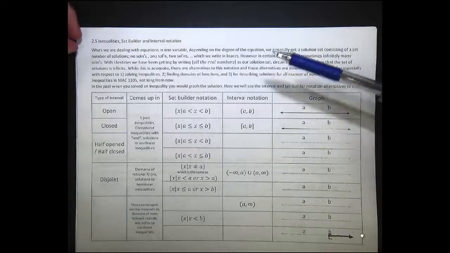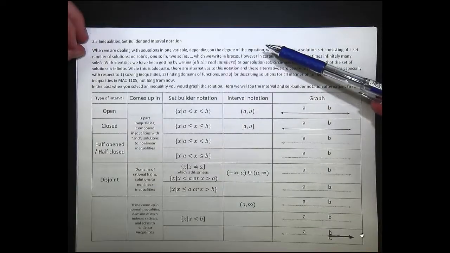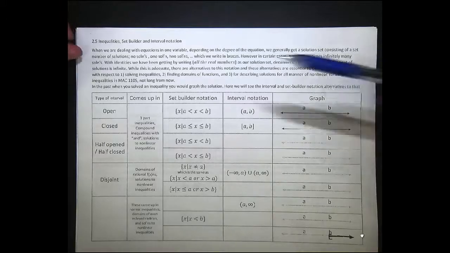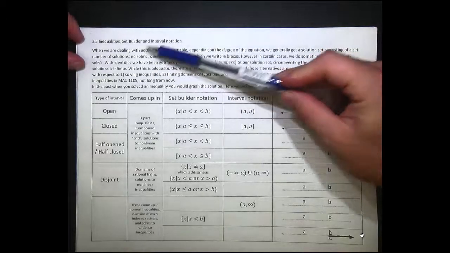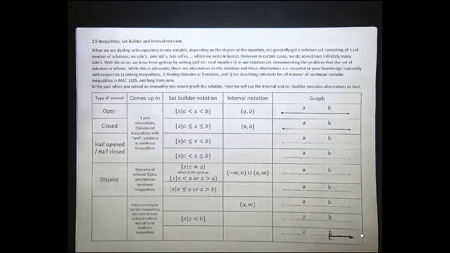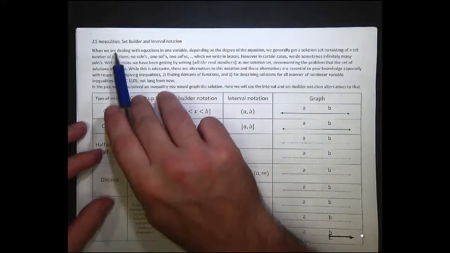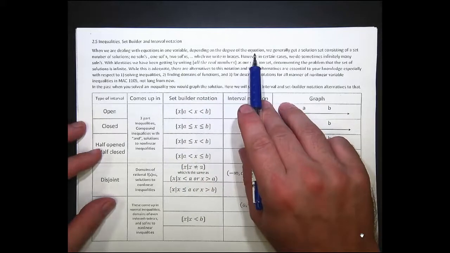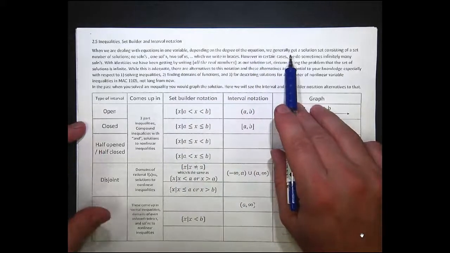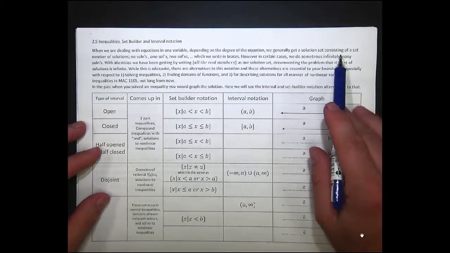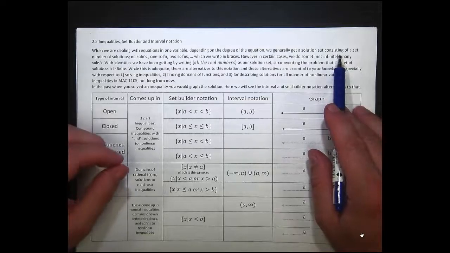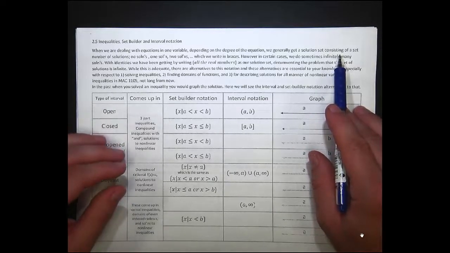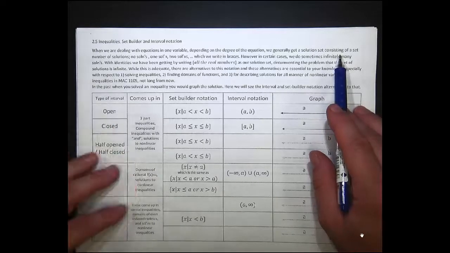This worksheet here reviews or introduces the concepts of set builder and interval notation. So when we are dealing with equations in one variable, depending on the degree of the equation, we generally get a solution set consisting of a set number of solutions: no solutions, one solution, two solutions, which we write in braces.